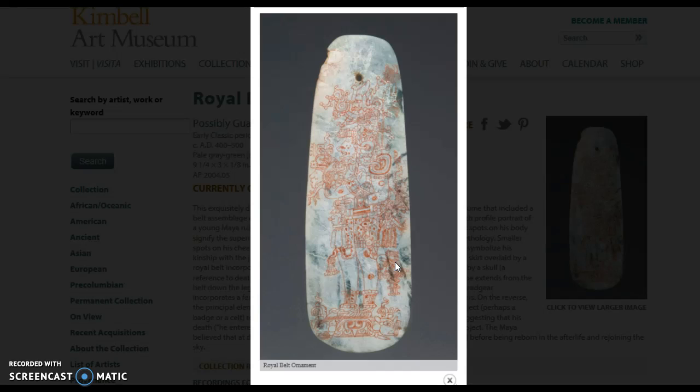On the reverse side, the principal elements of the text include the presentation of an object, like a badge or a kilt. The ruler is portrayed here. It's possibly called the Machaak, if you want to look it up.